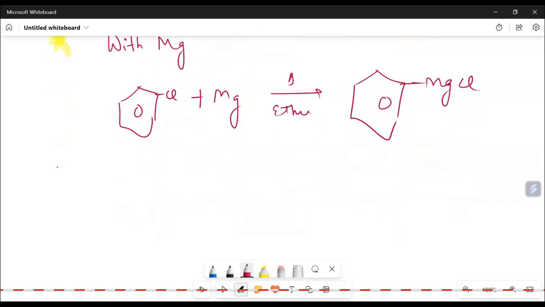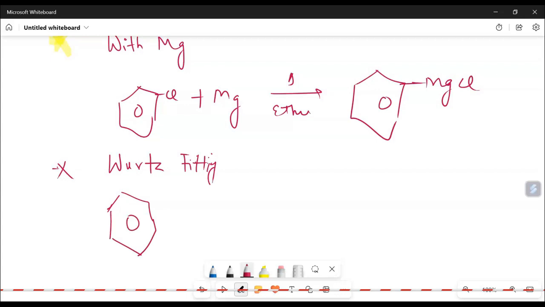The another reaction we are going to discuss is Wurtz-Fittig reaction. In this reaction, what will happen? This is your chlorobenzene. Chlorobenzene reacts with 2Na. Okay, same we have studied before.